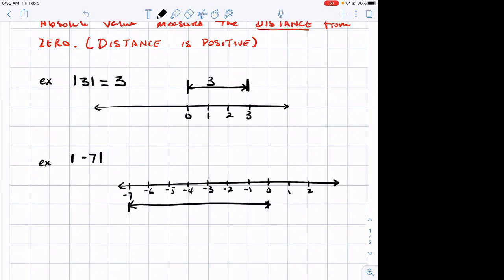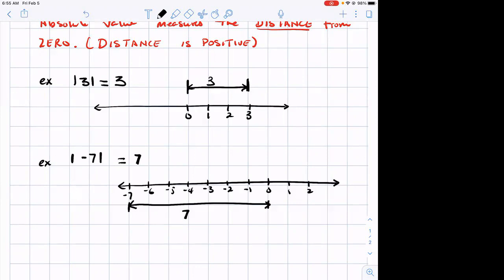Although you're on the negative side here, this would be 7 units, not -7. So the absolute value of -7 is also 7.